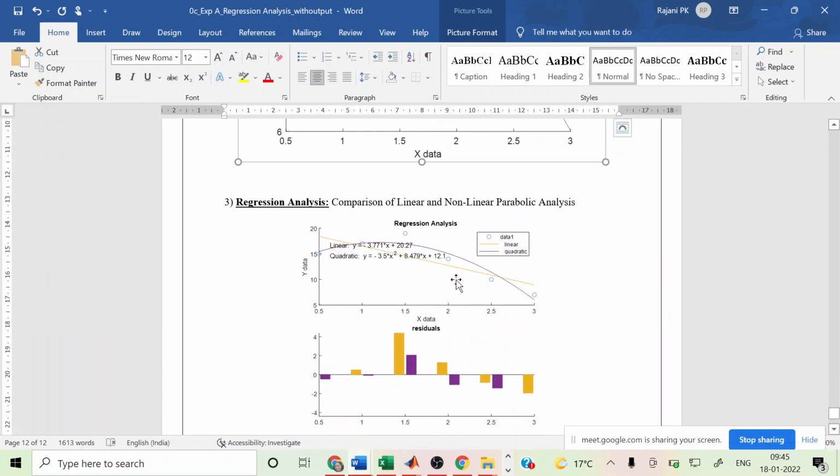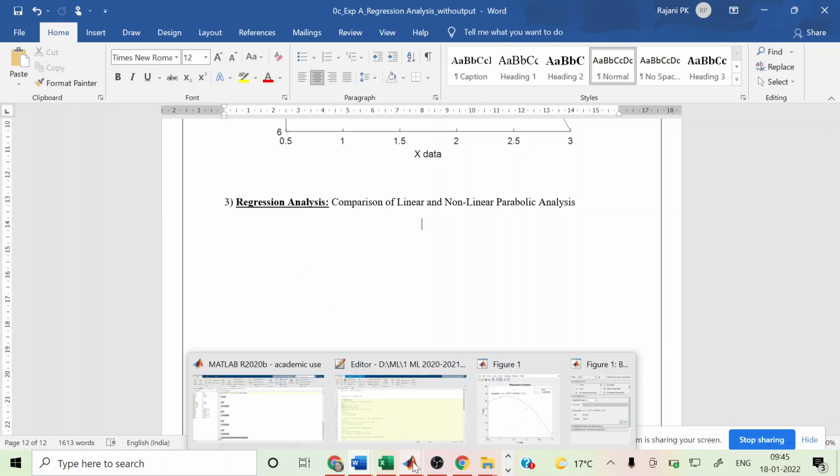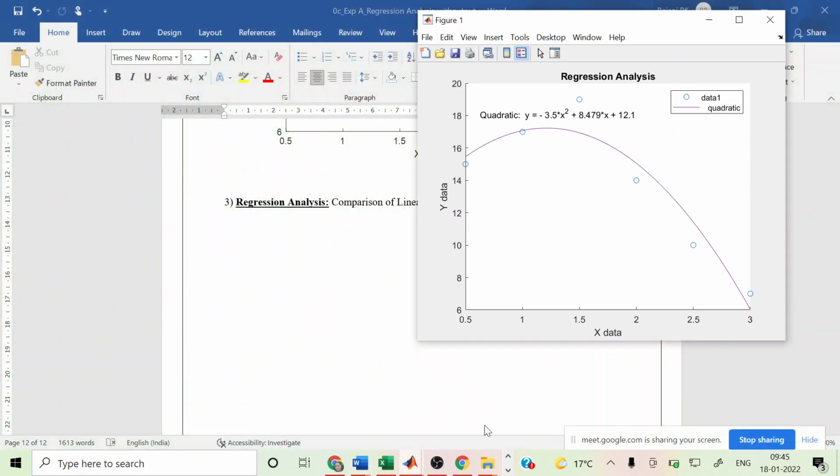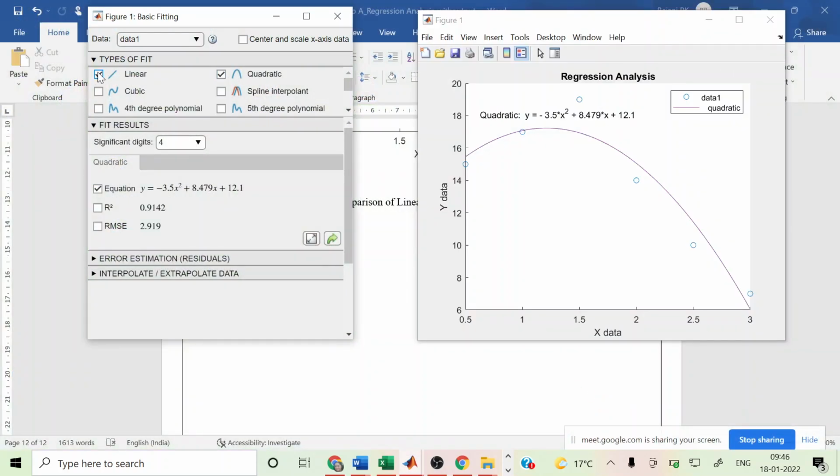Next, we have to do the comparison, correct? Comparison of linear and non-linear, parabolic analysis. For that, what you have to do is go here and go to the basic fitting tool. You need to take both linear and non-linear.